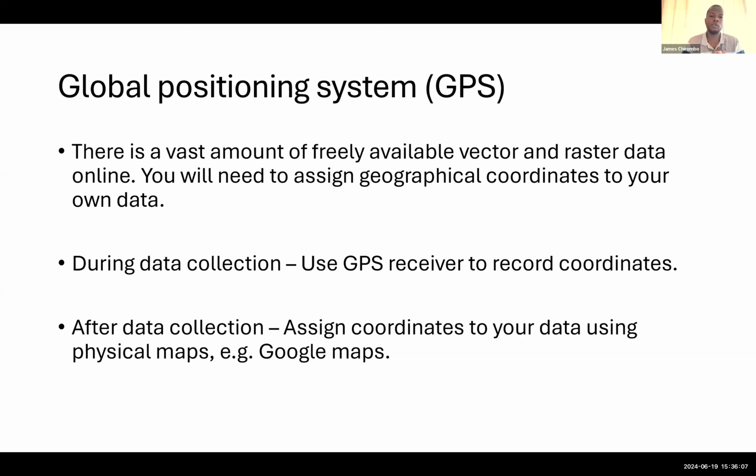So all you need to do is assign geographical coordinates to that raster, in a process known as georeferencing. You want to extract from the raster data the extent that you'll be working with. So we use GPS receivers to have these coordinates to allow us to have a pinpoint area to work with, and these can be collected during data collection.